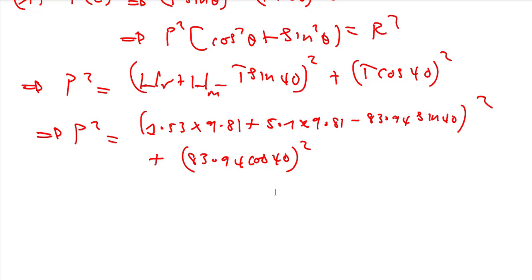Now we can simplify and punch on our calculators and see what it gives. Let's begin with the first: 1.53 times 9.81 plus 5.1 times 9.81, minus 83.94 times sine 40.